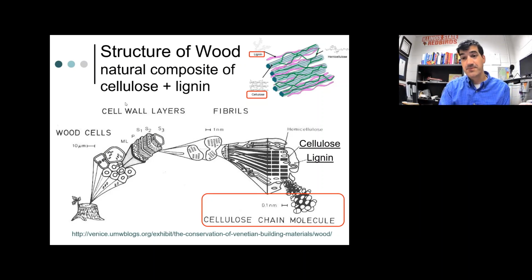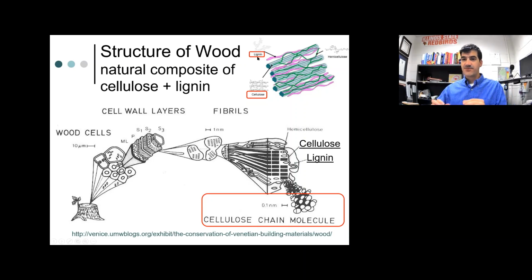It's also a composite, which it says up here. A composite is a mixture of two or more different things. So the cellulose is a long chain of glucose, and it does form a type of repeated lattice structure. Then you've got lignin, which is something different.